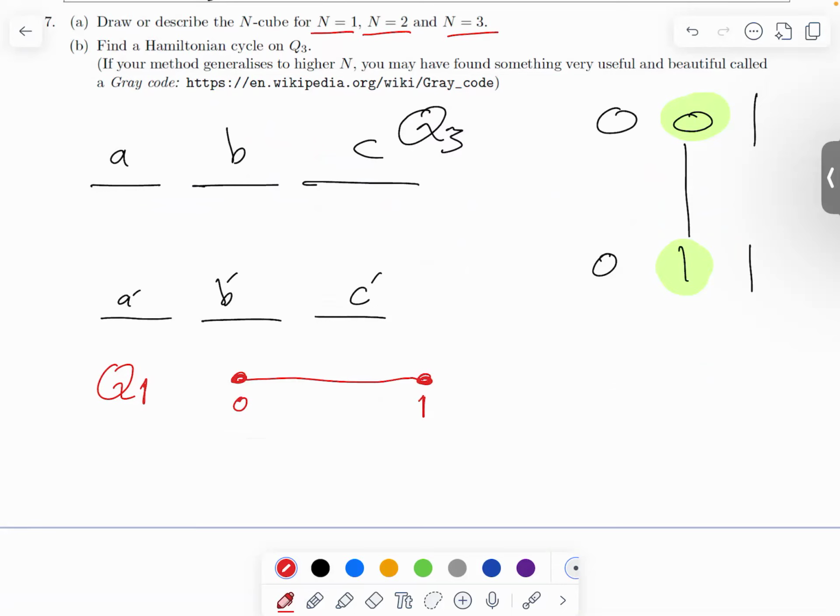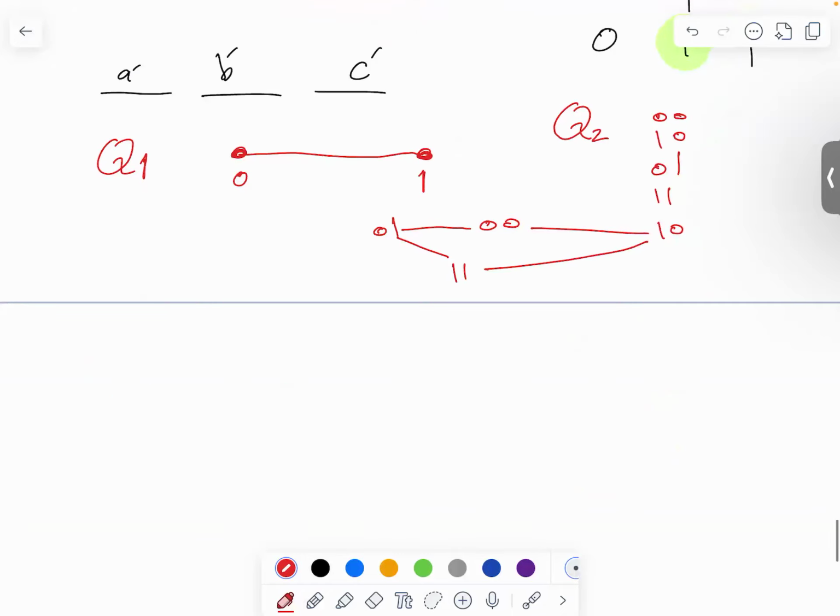We can't have Q0. Q2, we can have 0, 0 as you said. So 0, 0 is connected with 1, 0. This can be connected to 1, 1. This can be connected to 0, 1. This can be connected to this one. This, just for the name, is a cube.